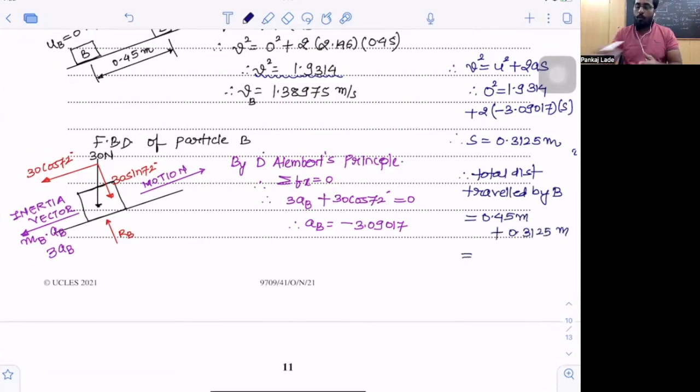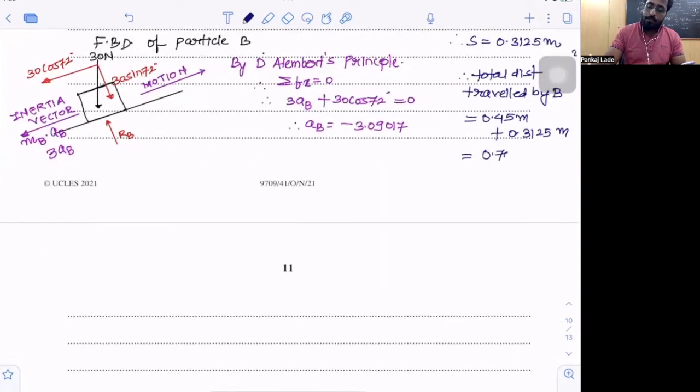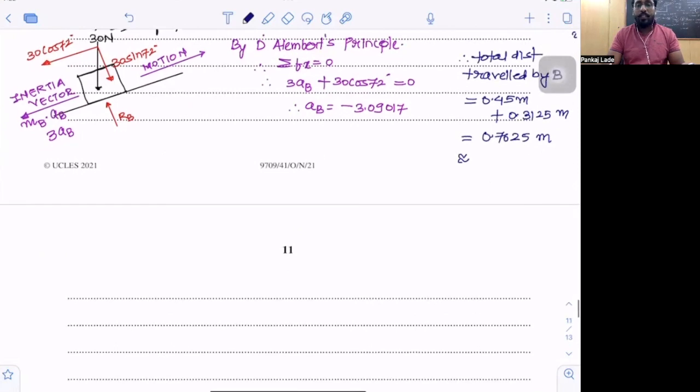That comes out to be how much? So I just add plus 0.45. It will come 0.7625 meters. So after the decimal, you want to keep 3 significant figures, right? So it's 0.763 meters. So that's the answer by using what? By using the D'Alembert's principle.